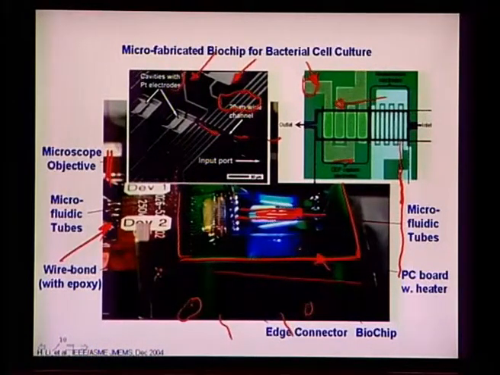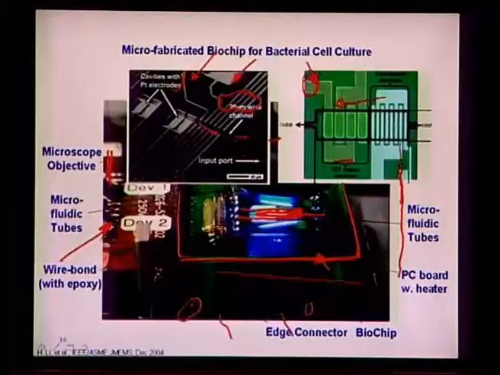A PID controller is built using LabVIEW, and there is a programmable power supply which feeds power onto this PCB breadboard, and a digital multimeter which senses the signal of this RTD.